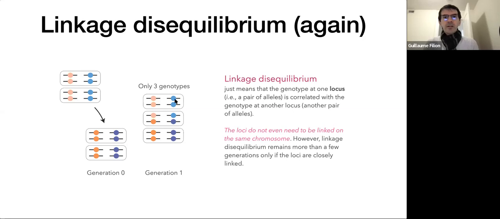The pale blue allele has got frequency 1/2. And you have equilibrium when the frequencies of all the possible genotypes are the products of the frequencies of the individual alleles at one single locus.